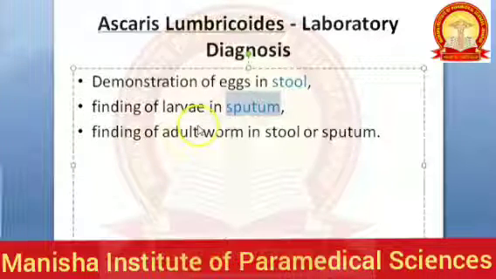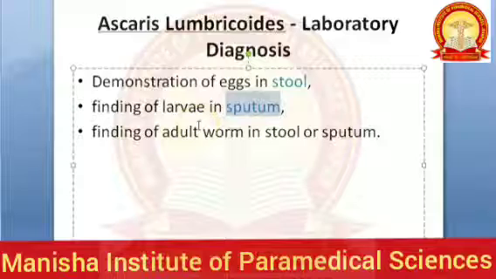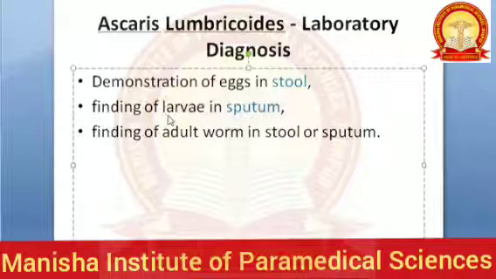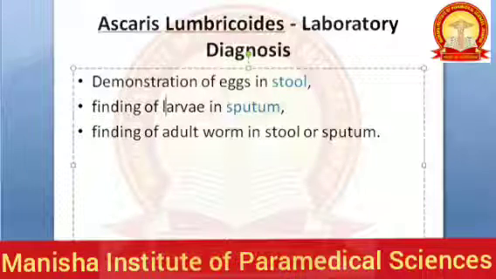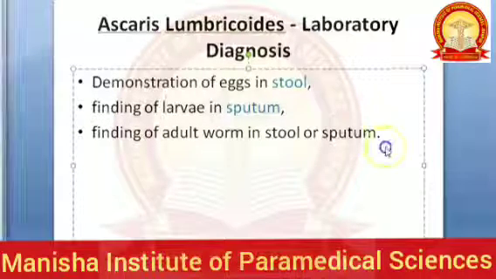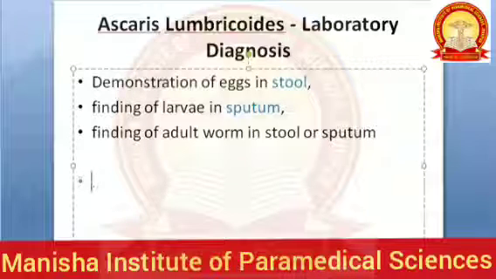How will you detect the adult worm? An adult worm can occasionally be detected in the stool or the sputum. By naked eye itself you can see the worm. You will purge the person, collect the stool and you can see it. Standard stuff you write here.